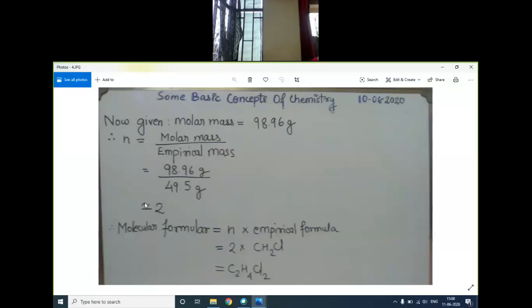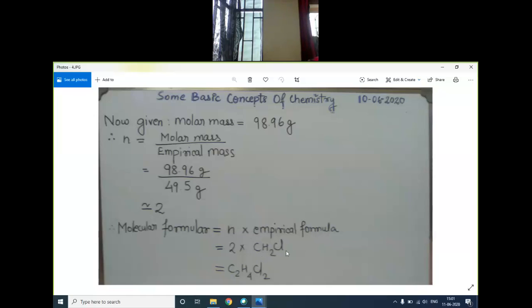So near about, the value will come 2. So N value is 2. Now there is a relation between empirical formula, N and molecular formula. So molecular formula equals N into empirical formula. So put the value of N and empirical formula: 2 into CH2Cl.